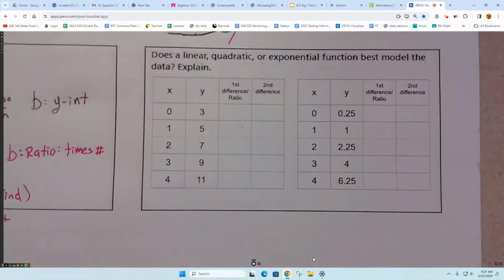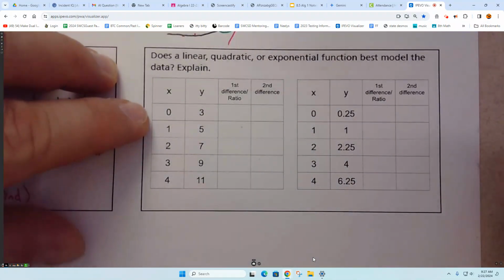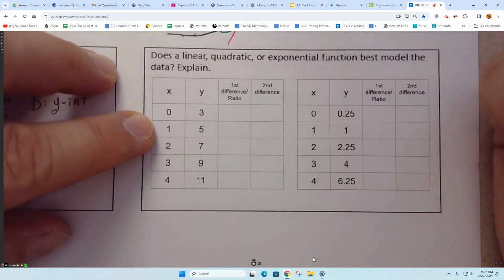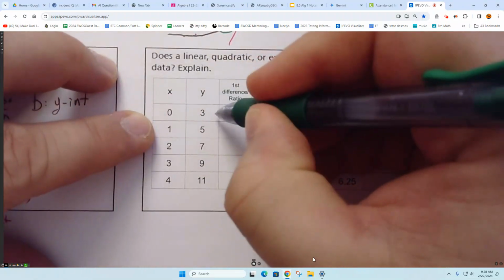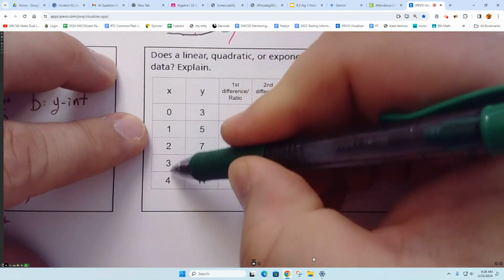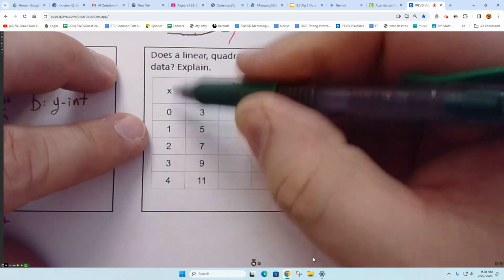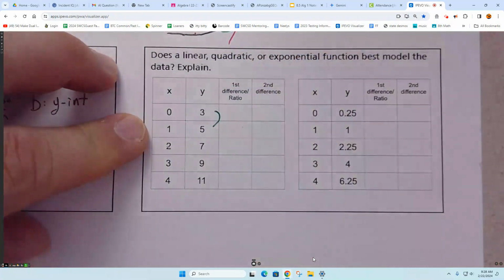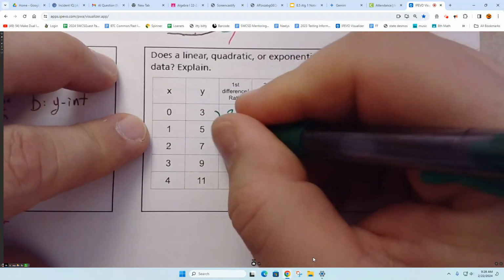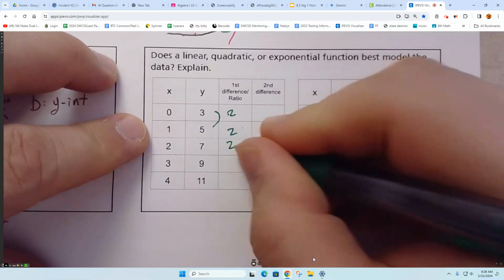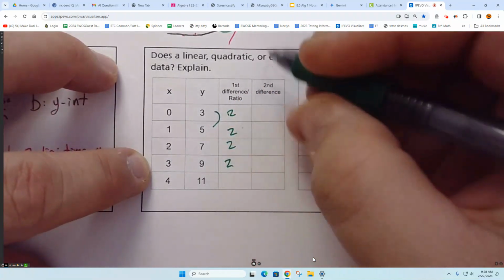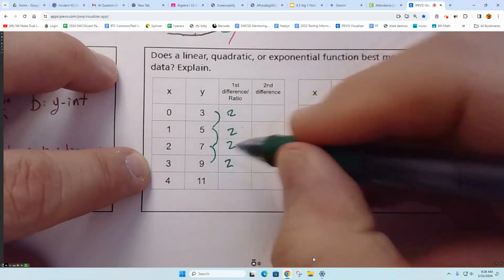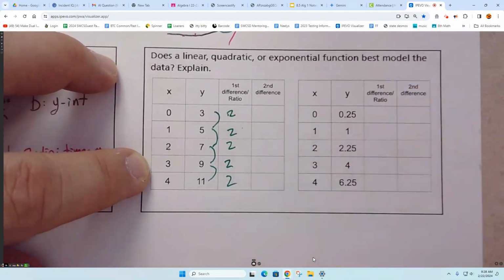So there's a test called the first difference, second difference test, and I think it's actually kind of interesting. I want to figure out the first difference. They're very nice, they put these all 0 through 4, all 1 apart. What is that difference right there? 2. And the next one? 2. And the next one? 2.